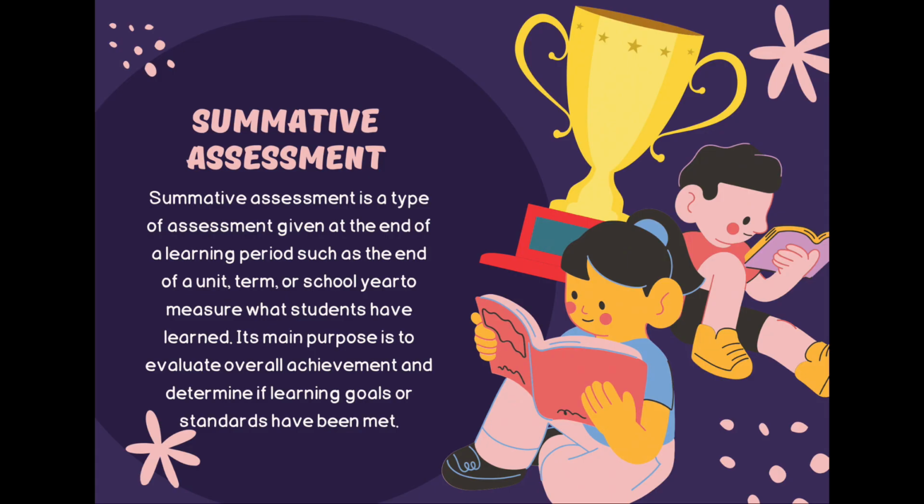Results are used for report cards, school rankings, or deciding if pupils should move to another level or join a special program. For example, after the teacher teaches addition and subtraction for 4 weeks, the teacher gives a test. The score from that test goes into the pupil's final grade.